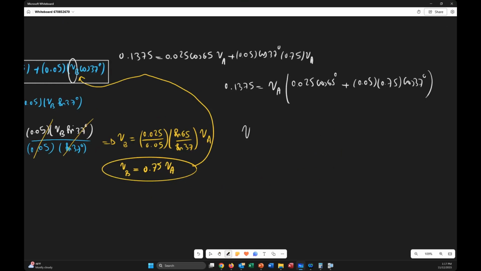So what happened to the VA? VA is going to be 0.1375 divided by 0.025 cosine 65 plus 0.05 times 0.75 times cosine 37. Good?